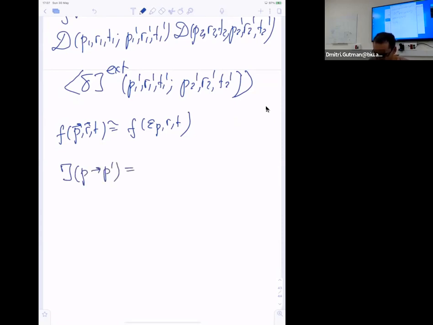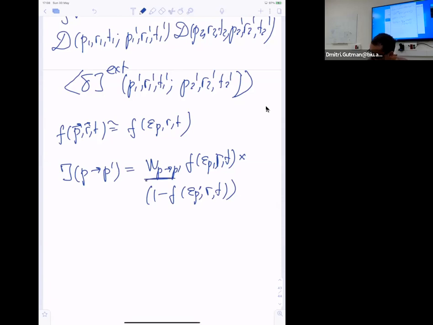And this flux is essentially the probability to go from p to p prime times f of epsilon p at the point r at the time t, times 1 minus f of epsilon p prime at the point r at the time t. Well, since these guys conserve energy, we can just write it as epsilon p.